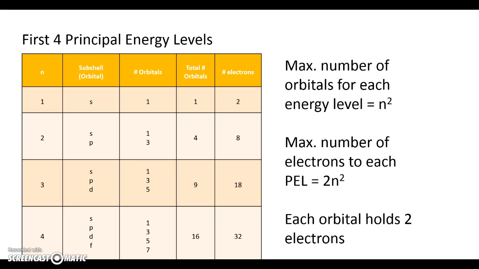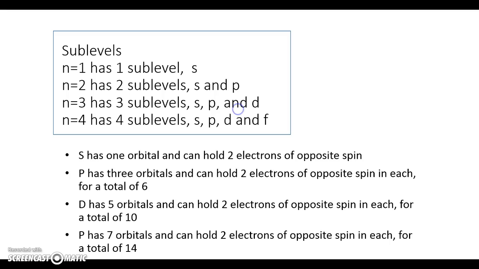This is the chart from the PowerPoint that was very useful. It summarizes these first 4 principal energy levels. I'm kind of repeating some of these things. When n is 1, we have 1 subshell, s. That subshell s has 1 orbital that can hold 2 electrons.